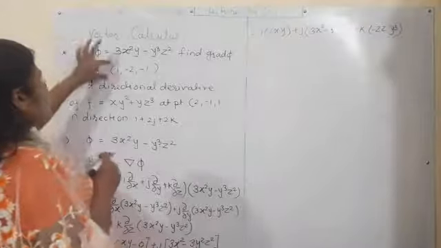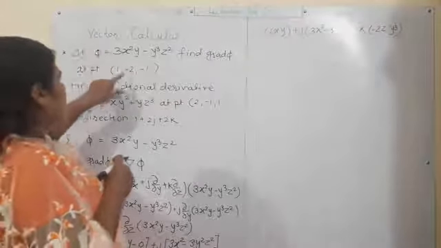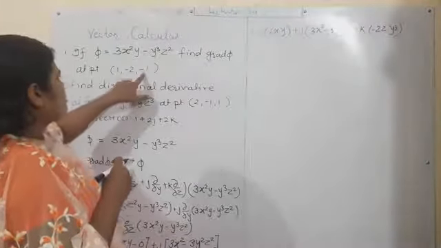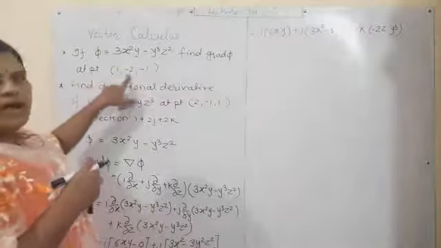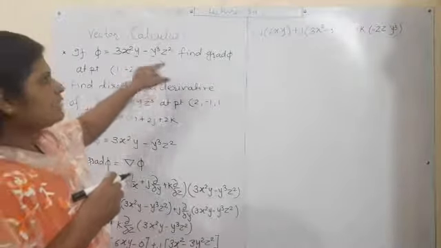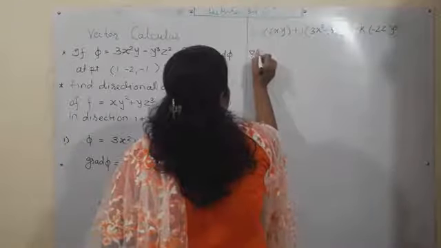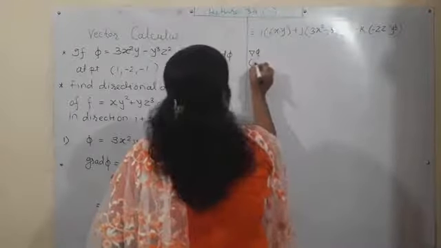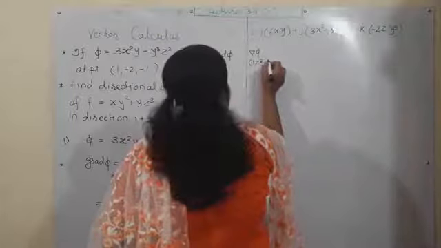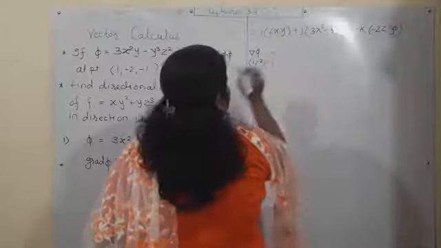But now we are given the particular point (1, -2, -1), that is the value of x, y and z. We have calculated grad phi, but we have to calculate that grad phi at this particular point, which is 1, -2, -1. So we calculate that value at that particular point.